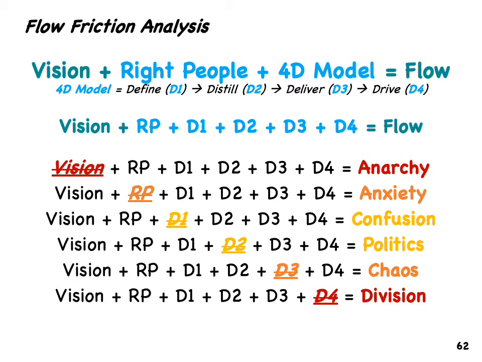Or if politics has reared its ugly head, then you're going to have to do a whole bunch of campaign political stakeholder management in order to distill agreement to get everybody in alignment again. If you don't do that, you risk going down in flames, and nobody wants that. So this tool is there to help you achieve higher and higher levels of performance for yourself, your teams, and all parts of the organization.